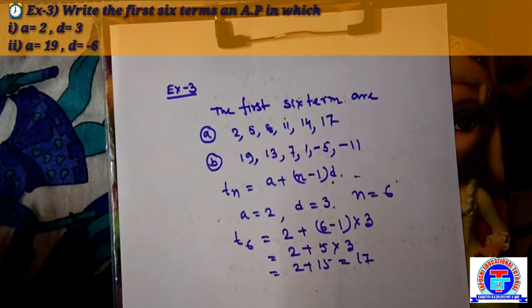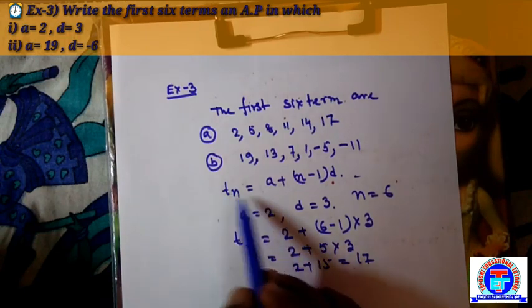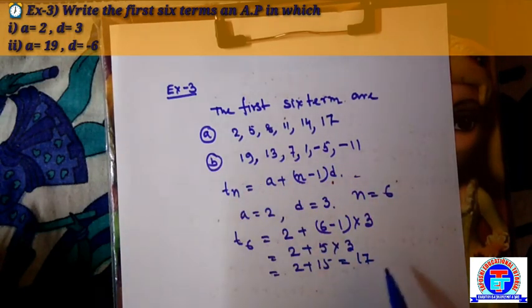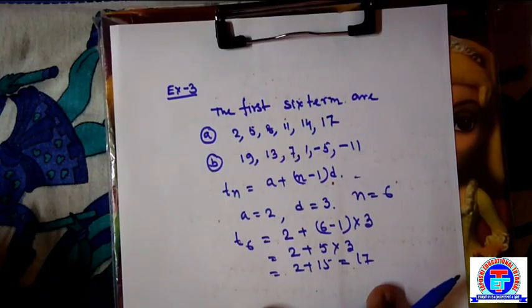Right student? This is the 6th term that we directly find out by this formula. I hope you clearly understand.